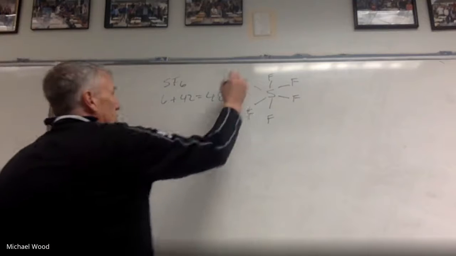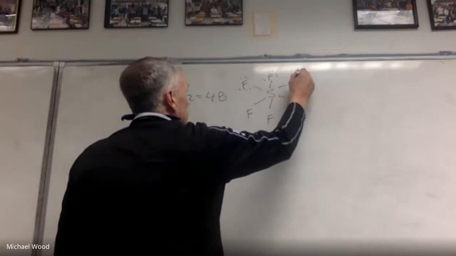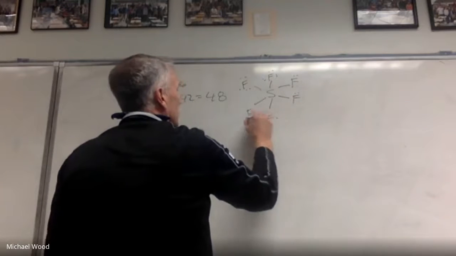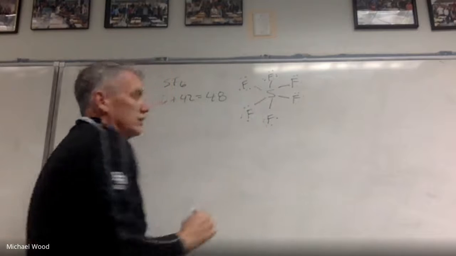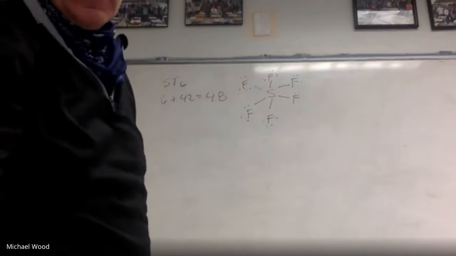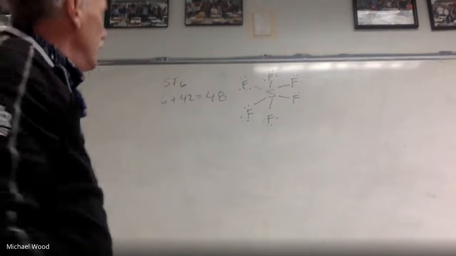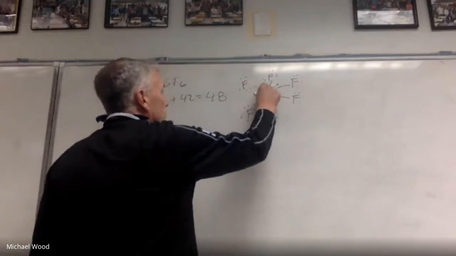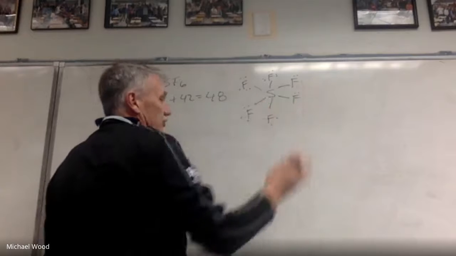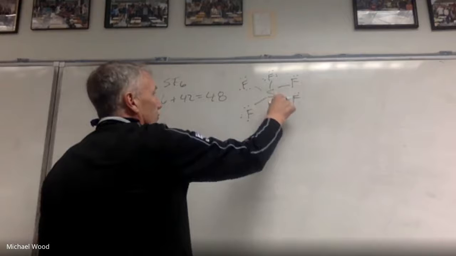Okay, and then I'll fill the octets. Count. So 8, 16, 24, 32, 40, 48, so everything's good. Count the electron domains, 1, 2, 3, 4, 5, 6.